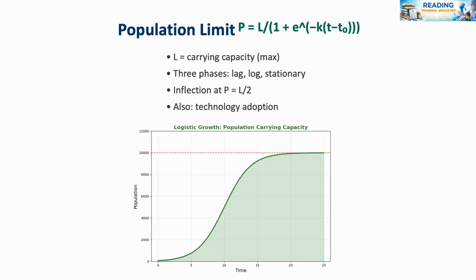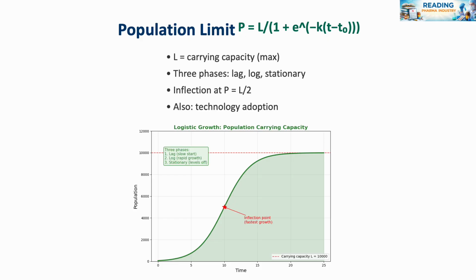L is the carrying capacity, in this case the maximum population. The curve has three phases: a lag phase at the start, then a log phase where the growth is rapid, and a stationary phase where the population levels off. The inflection occurs at exactly P equals L over 2.